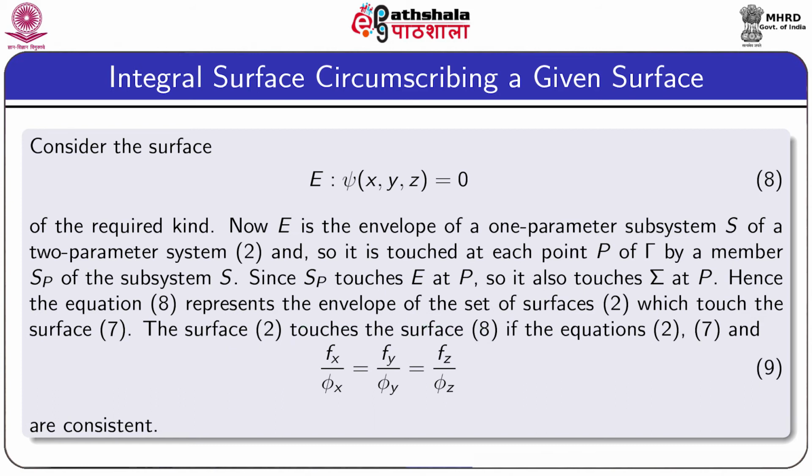Equation 9 represents that where the two surfaces 2 and 8 meet, the direction cosines of the normals to the two surfaces are proportional.